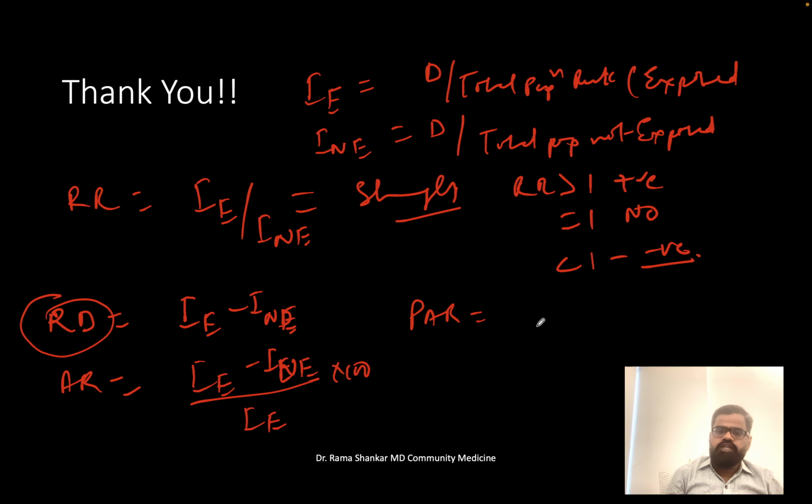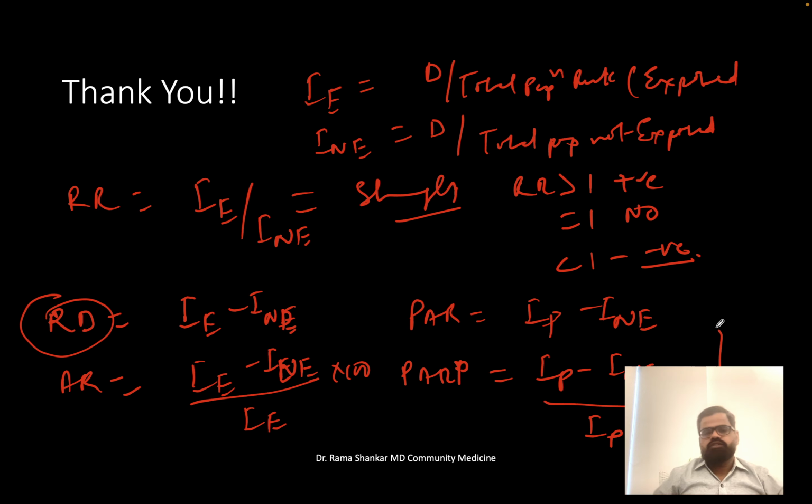PAR, what you do, you take the incidence in population, and from that you subtract non-exposed. And if you want to put it into percentage, which is PARP, it is incidence in population minus incidence in non-exposed, out of incidence in population, and you multiply by 100. Right? So you need to understand this point.